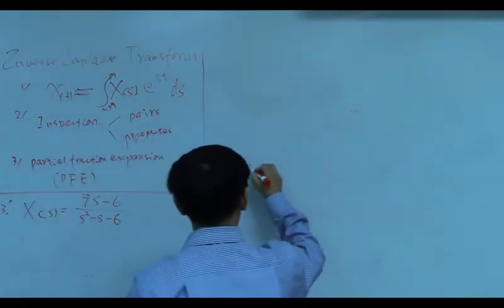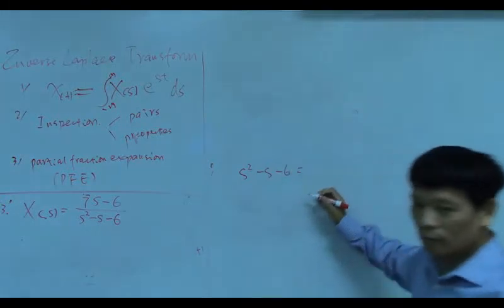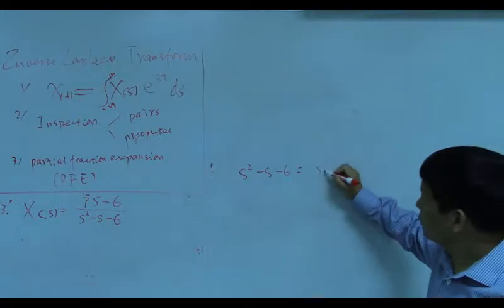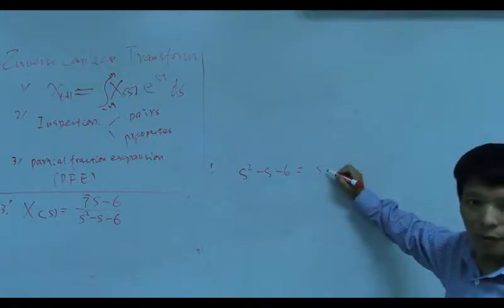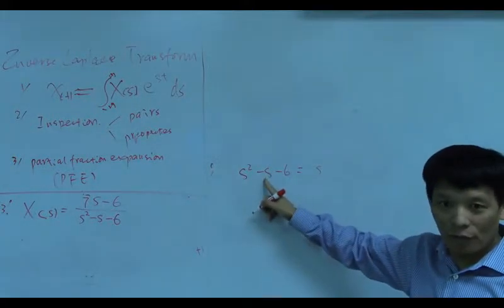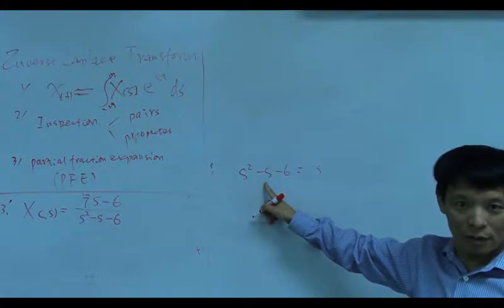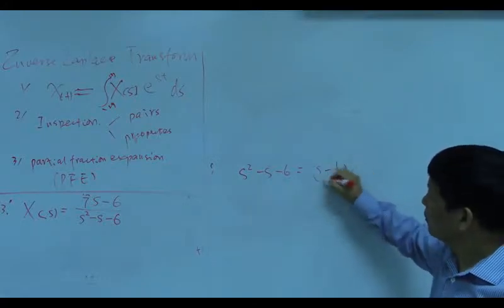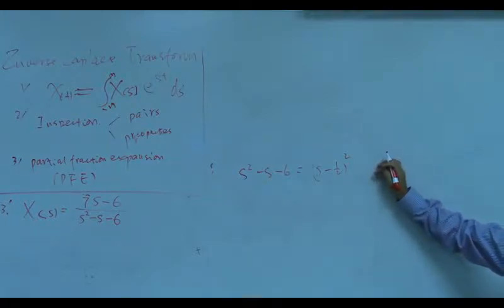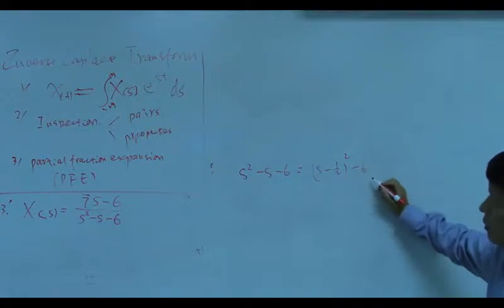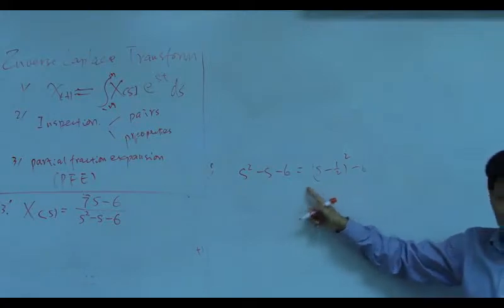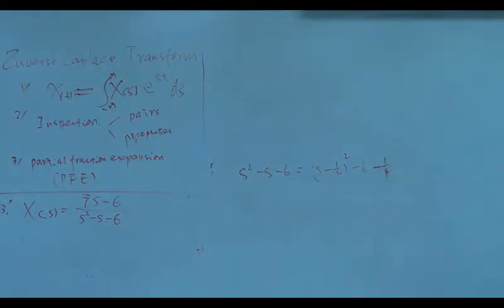So s squared minus s minus 6 equals, make it the perfect square. Half of the coefficient here, so minus half, right? Square. Then minus 6. But for this term, we have a quarter in addition to this one, so we need minus a quarter here.